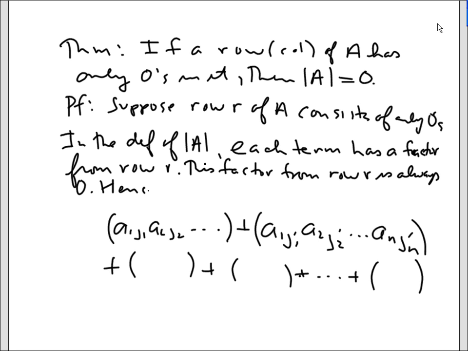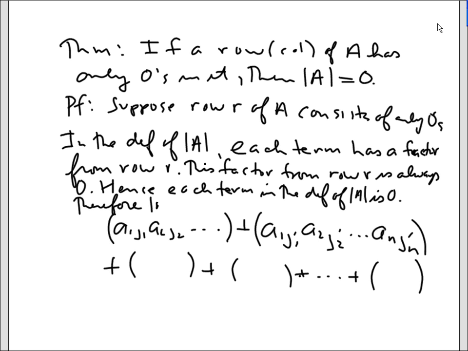Hence, each term in the definition of the determinant of A is 0. Therefore, the determinant of A is 0 itself. You keep adding up zeros, you get zeros. That's all that theorem is saying.